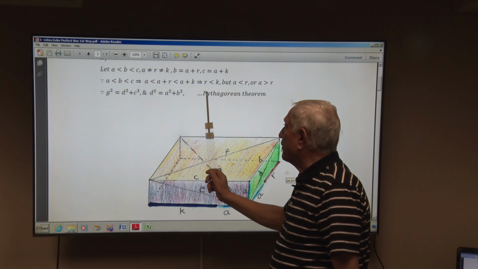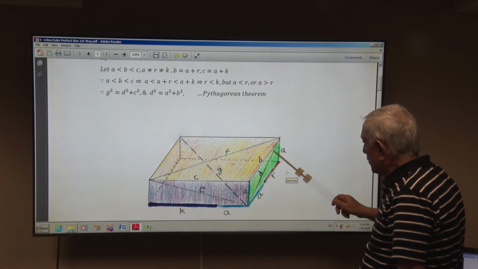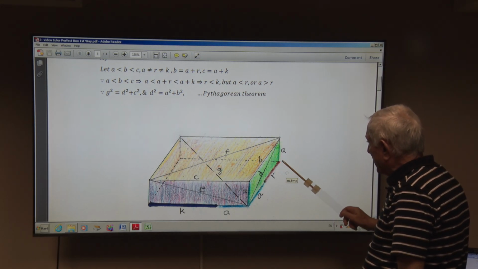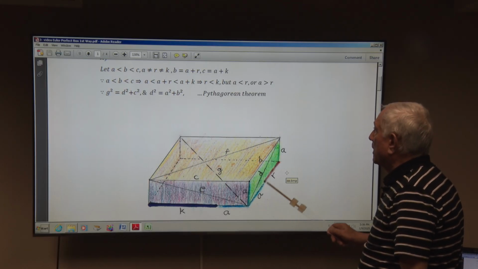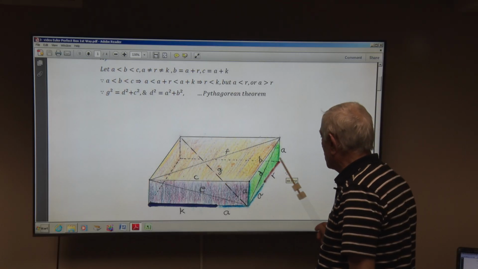D also, by Pythagorean, D squared equals A squared plus (A plus R) squared, which is B squared.